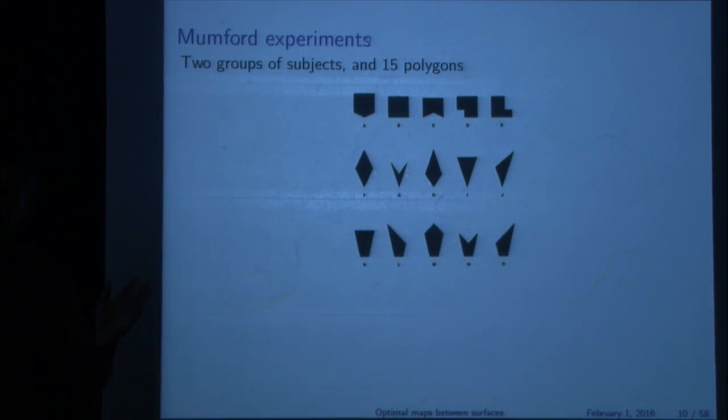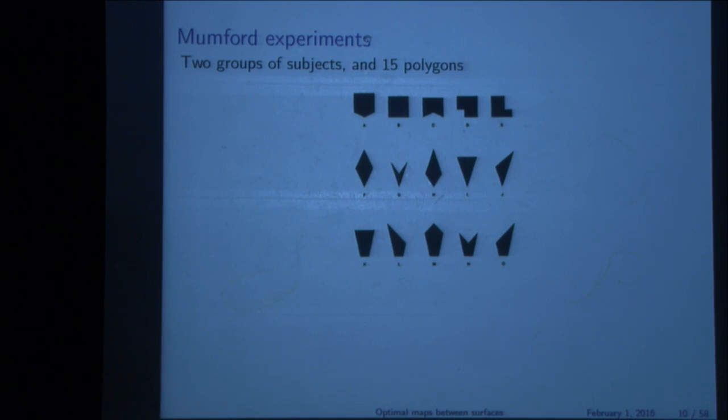So I want to go off track a little bit just to tell you about some experiments Mumford did, which don't really have that much relevance to the rest of the talks, but they're really fascinating. And they show that mathematicians can really do real experiments, which is sort of unusual, I think.